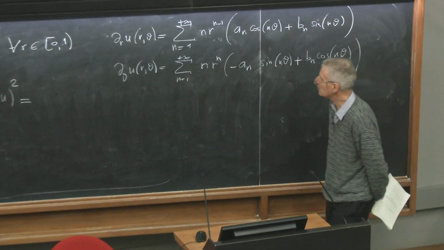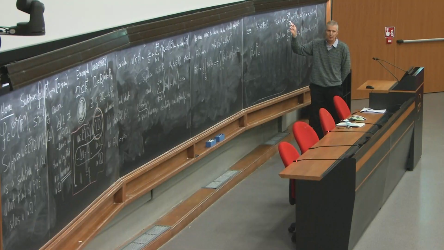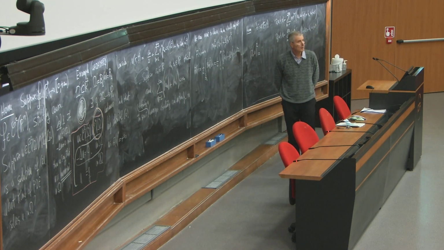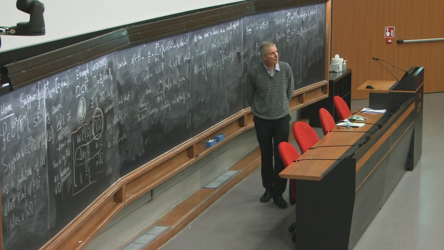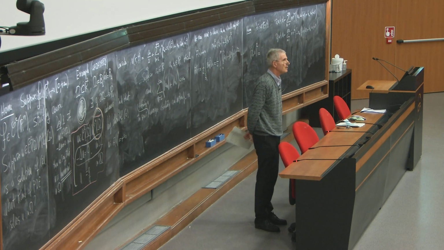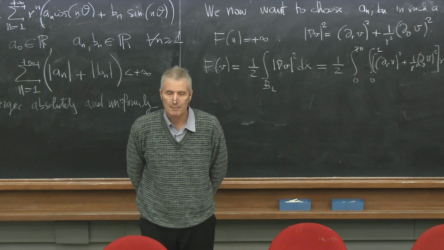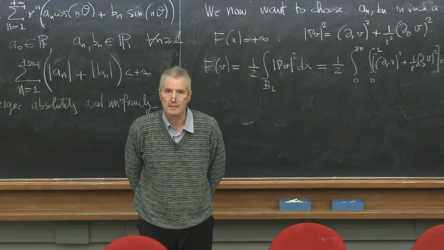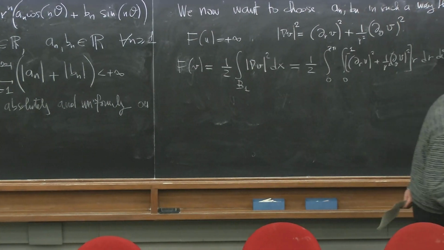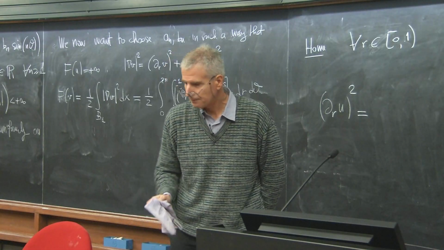How can I compute the square of this series? It's difficult. Minus terms cancel. Yes, you're right. It's Parseval Identity. It's the Pythagorean theorem in infinite dimensions. It's the Pythagorean theorem in Hilbert spaces. Why? Let me explain this. Thank you for the remark.